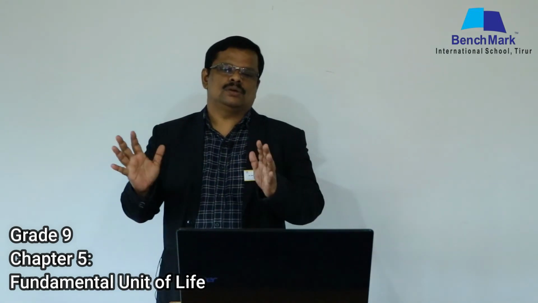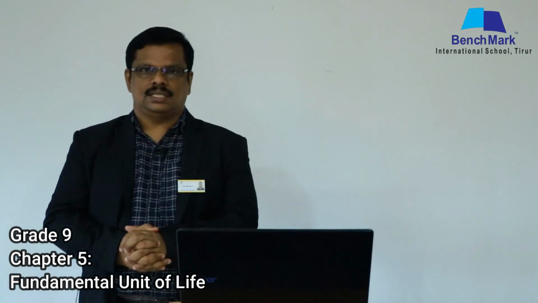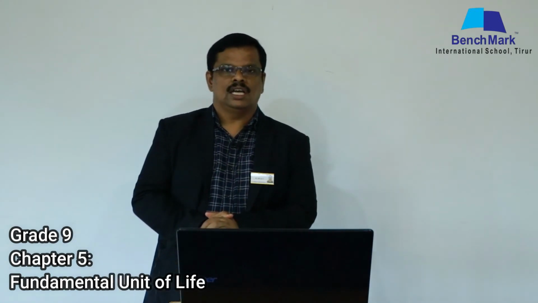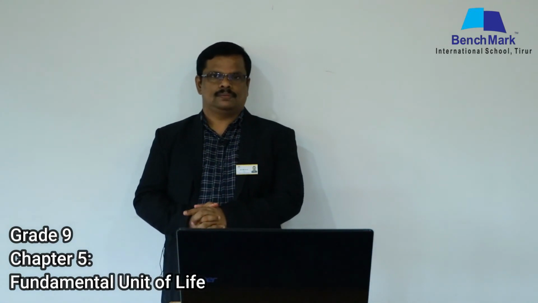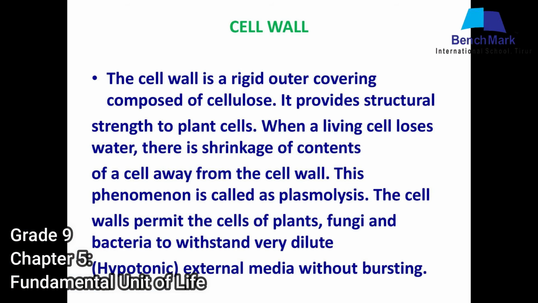Okay, so let us look at the first part of the plant cell, the outer covering called the cell wall. The cell wall in a plant cell is a rigid outer covering structure. It is composed of cellulose. It gives strength to the plant cell.